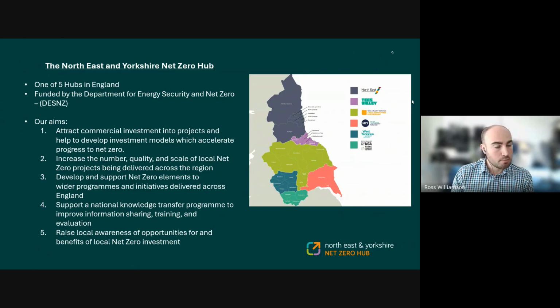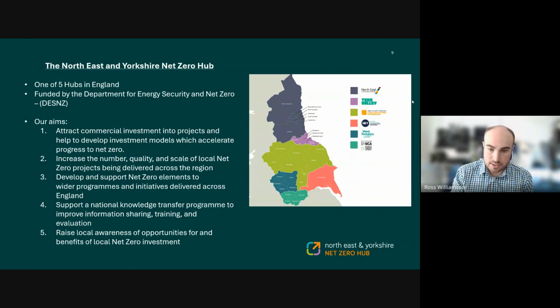The Net Zero Hubs, the North Eastern Yorkshire one is one of five in England. It's funded by DESNZ, that great acronym, the Department for Energy Security and Net Zero. The focus here is really providing support to enable this locally focused approach to net zero. The organisations are focused on how we can support local organisations to make the net zero transition happen from within communities, rather than happening to communities.